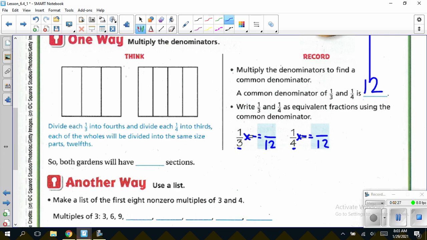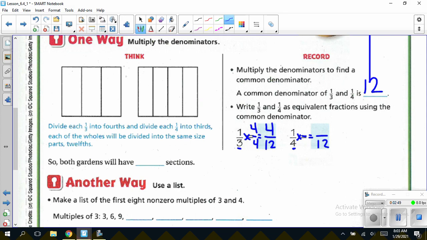So I know that we took 3 times 4 to get 12, and anything that I multiply the denominator by, I'm going to do the same thing to the top number, which we call the numerator. So I'm going to now take 1 times that 4 that we did, and that gives me the numerator of 4 for my new equivalent fraction.